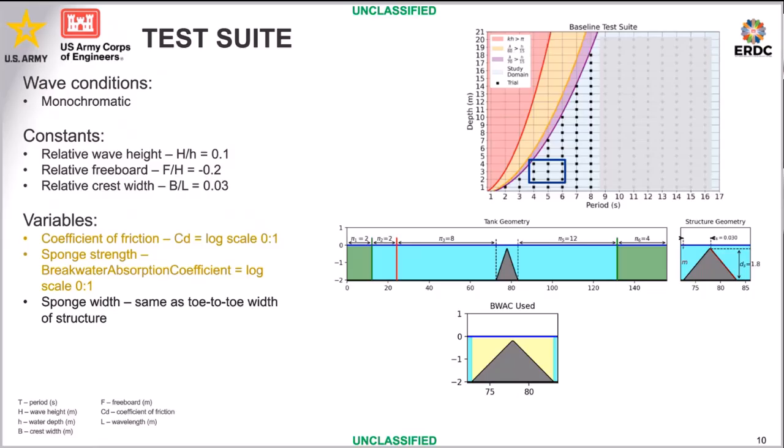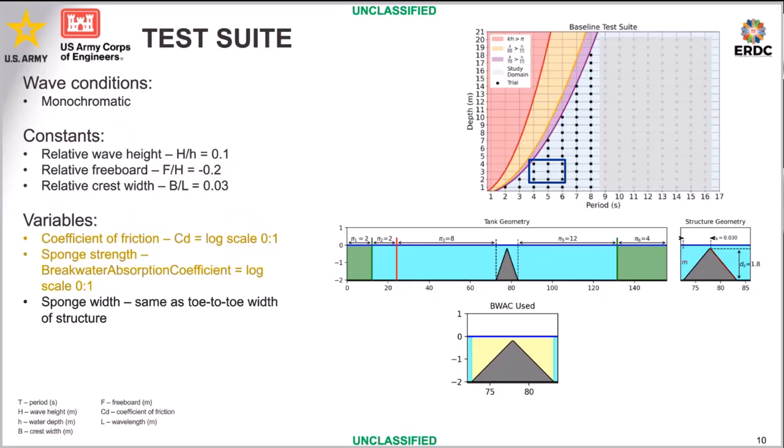I don't think we're going to talk about that one today, but we do have that naked structure, as well as structure with bottom friction added, and then structure with the sponge layer added. And we kept the sponge width constant.